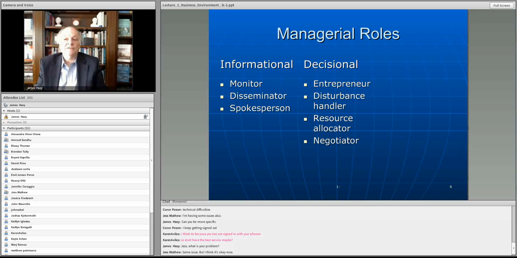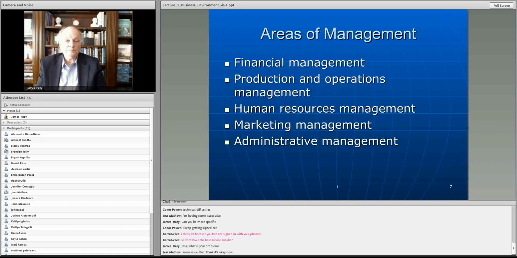There's the informational, that is monitoring what's going on, disseminating information, acting as the spokesperson, making decisions as the entrepreneur, all of these various things, and negotiating situations when they arise, handling disturbances and the like. So there's various things that we do as well. We talked about all of that.